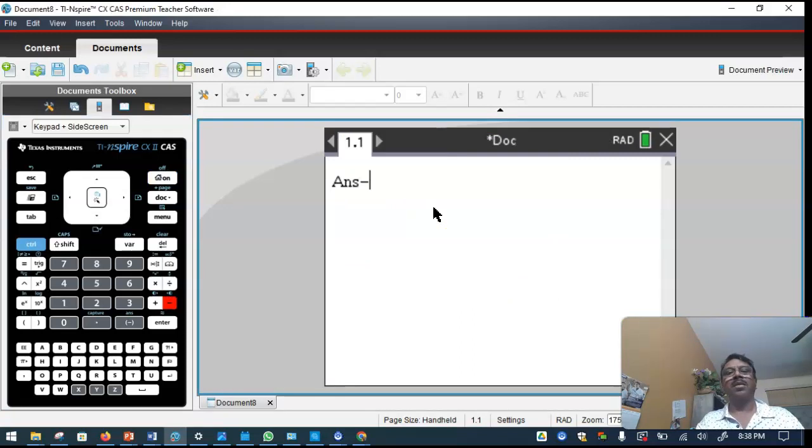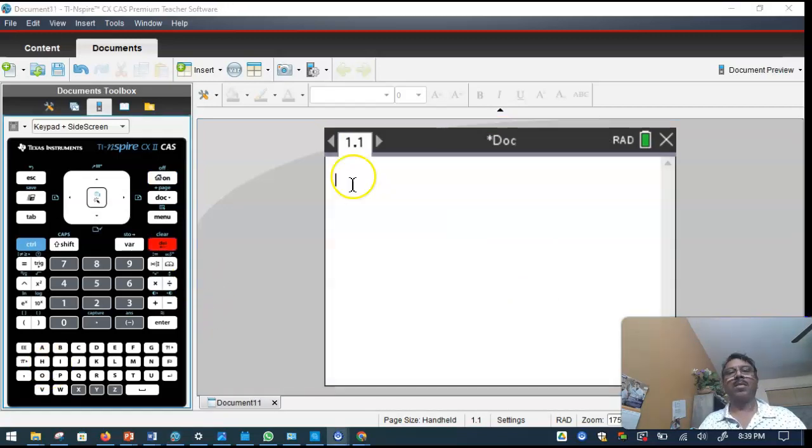So minus 0.001 times 2,500 squared, then plus 5 times again 2,500, and then minus 1,900.